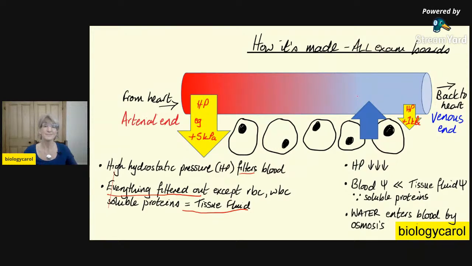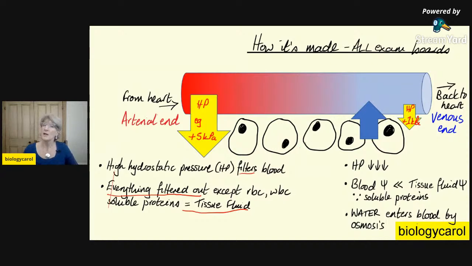Does glucose get filtered, or is it a big molecule? Oh, glucose absolutely gets filtered out into the tissue fluid. Glucose is a very small molecule. So in the tissue fluid, there will be all the things that the cells need: oxygen, glucose, amino acids, ions, all of those kinds of things. But the large molecules can't get through.